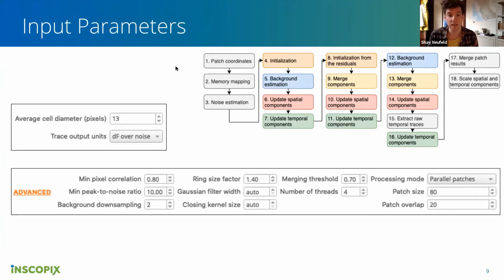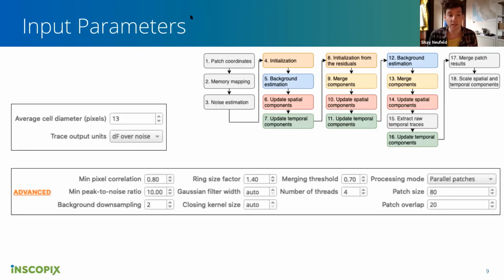For the advanced settings, we've given good default parameters, and they match some of the default parameters of CaImAn as well. We're also doing a pretty good job of inferring parameters where we can, so we default things to auto, and we think we can do a good job of estimating these parameters from the data.